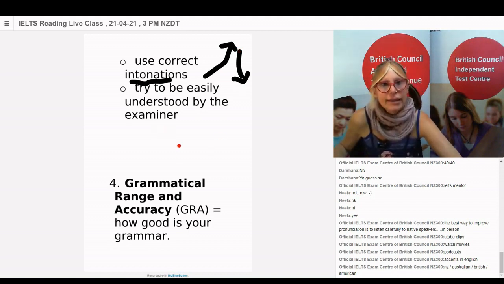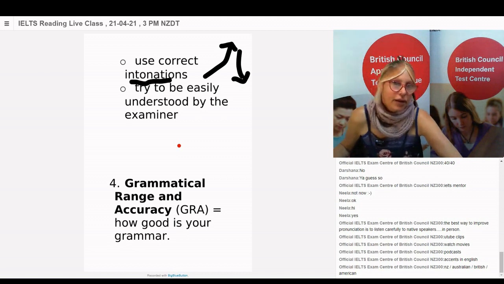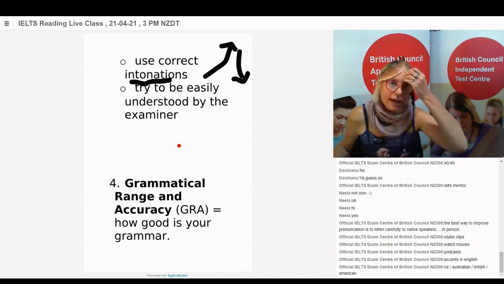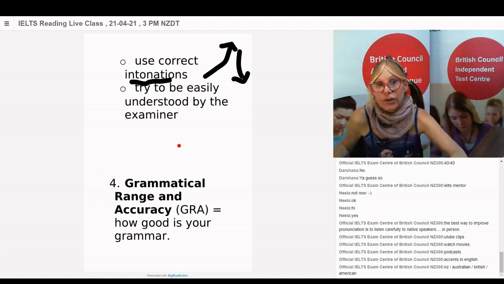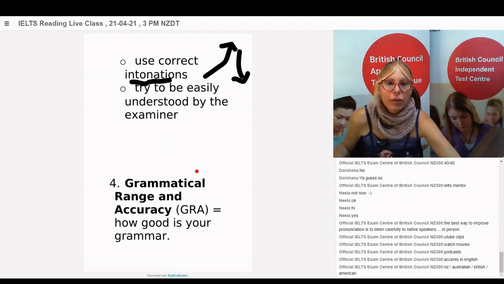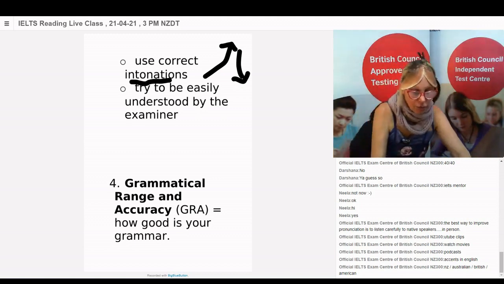Okay, so try to be easily understood by the examiner. That's a great tip, but you don't really know if you're easily understood by an examiner who knows how you sound. The best way to do that is to ask a native speaker to listen to your pronunciation.